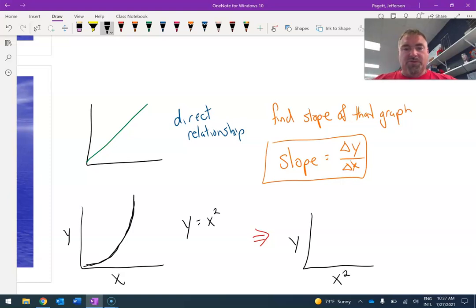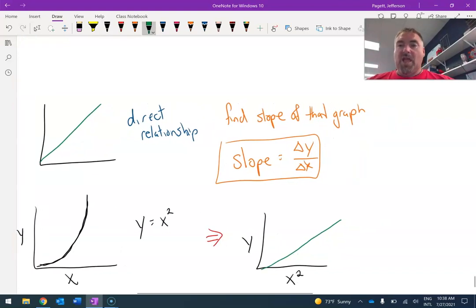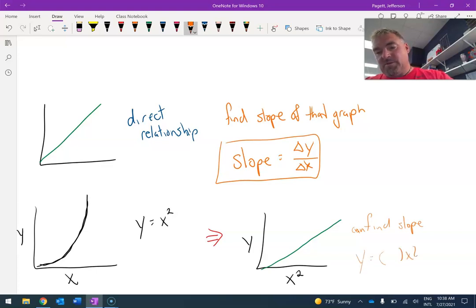So rather than y equals x, which shows us that power, this will show us y equals x squared, and theoretically this should give us that direct relationship again. And once we find that direct relationship, we once again can find the slope. When you find the slope, that will equal y is equal to something times x squared, and this right here will be your slope. And that'll tell you by how much it's going to change.